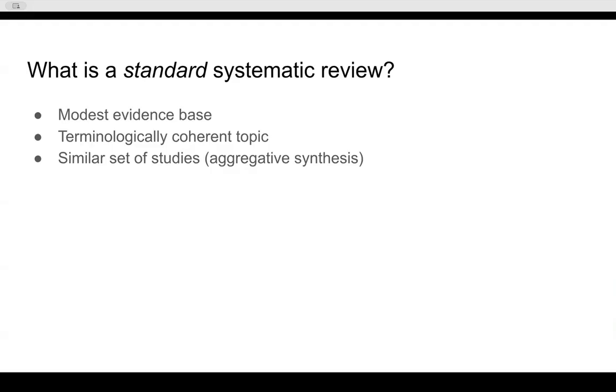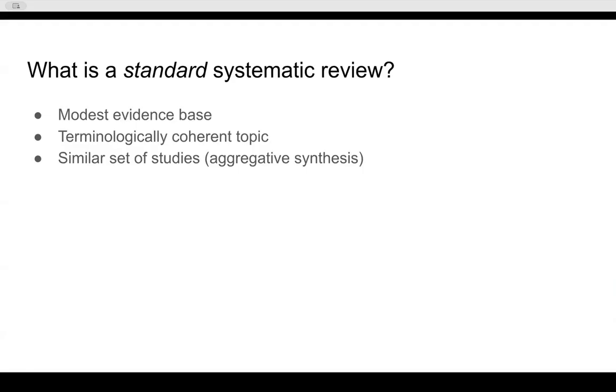They'd be down the end of the mode of synthesis called aggregative synthesis, where you're asking questions about summary effect and you're interested in the overall effect primarily. And so you're wanting to combine very similar studies together. The opposite end is configurative synthesis, which we'll discuss in a bit, but it's more interested in complexity and diversity.